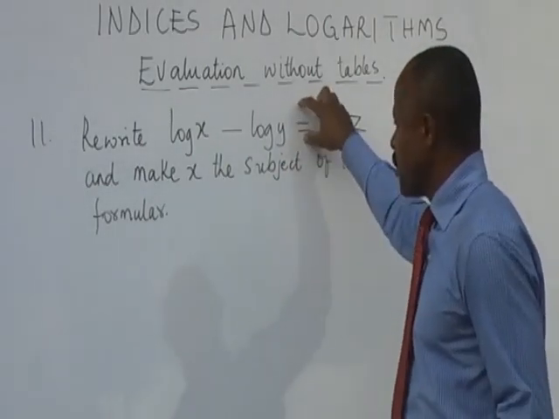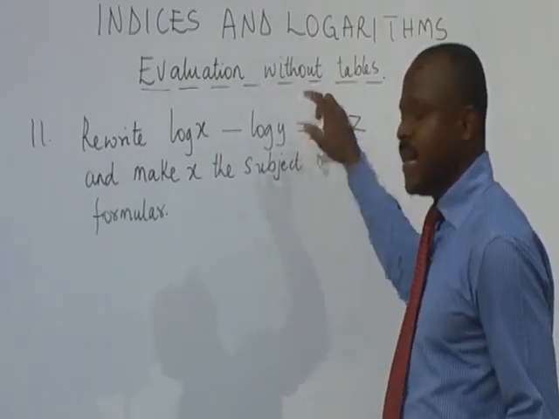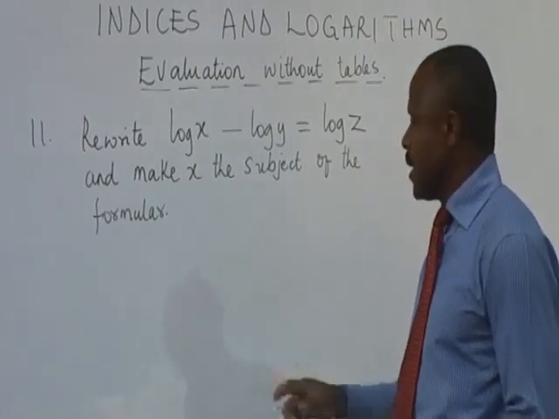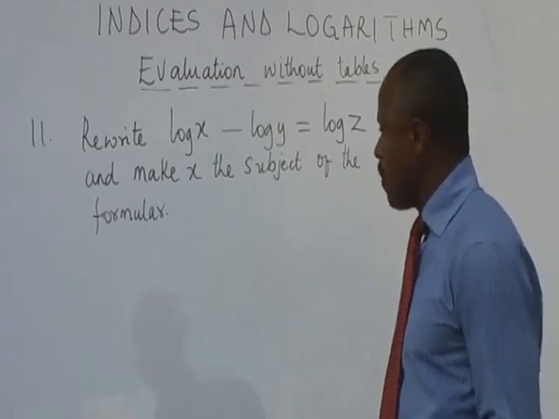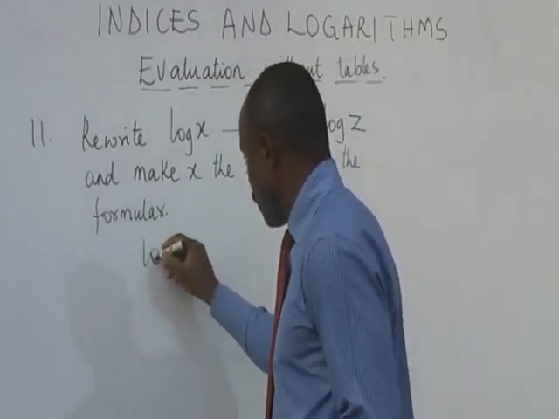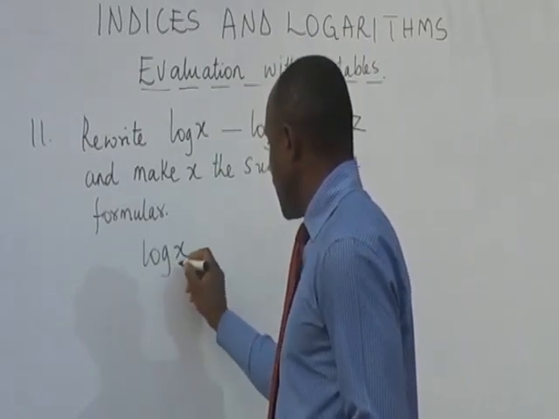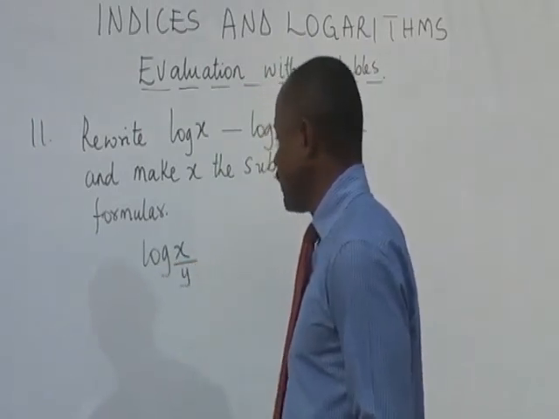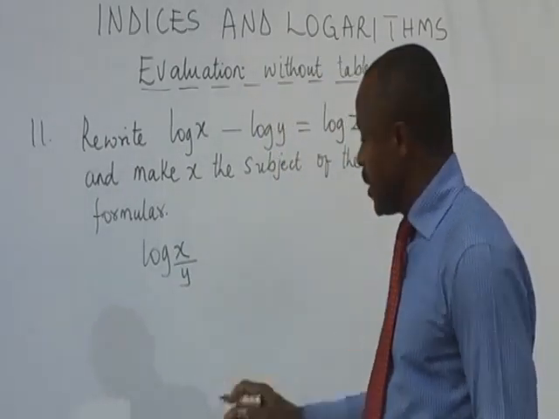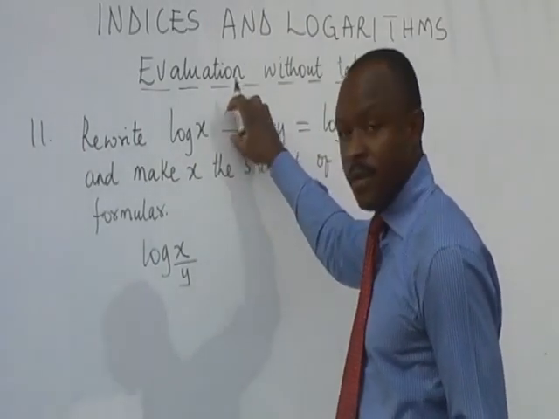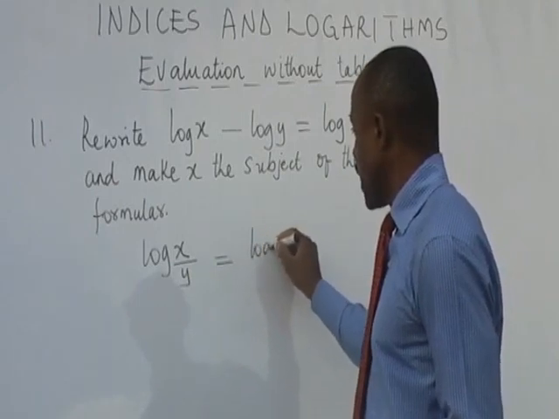If you look at this expression, you discover that if you apply the second law of logarithms, log x minus log y will become log x all over y. Then it's equal to log z.